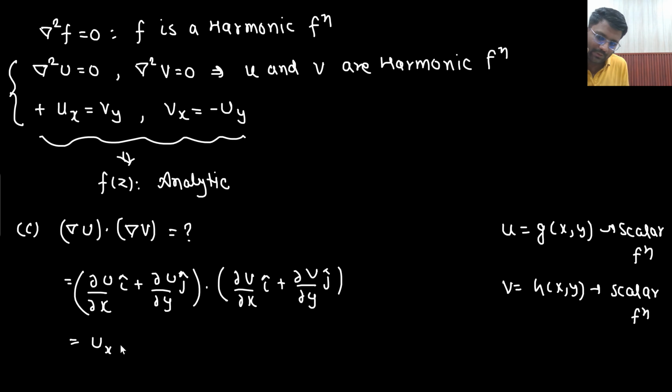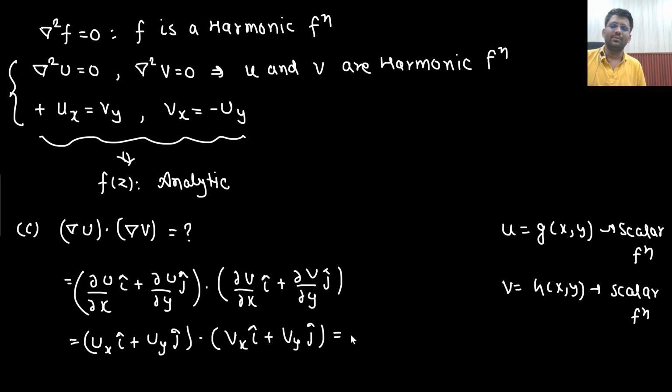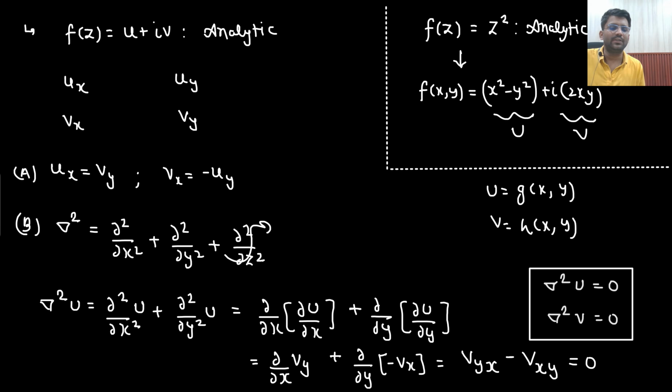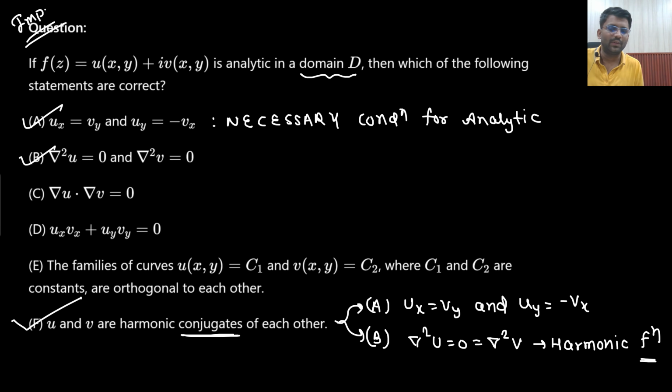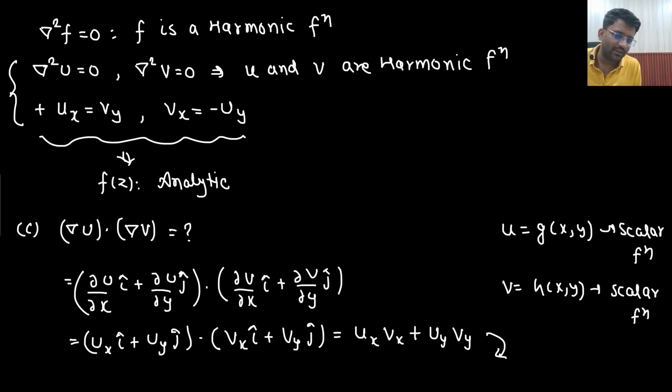Partial derivative of u with respect to x i cap plus partial derivative of u with respect to y j cap, dot product with partial derivative of v with respect to x i cap plus partial derivative of v with respect to y j cap, would be equal to ux i cap multiplied with vx i cap. So you are getting ux vx plus uy vy. So what could this be treated as?